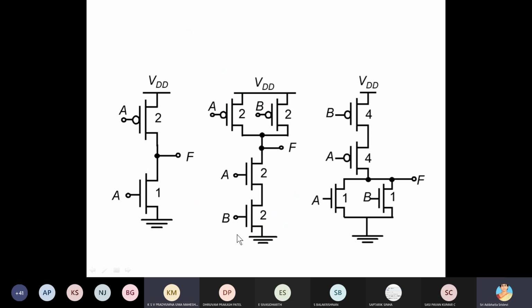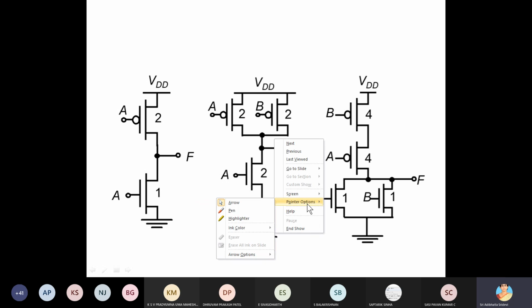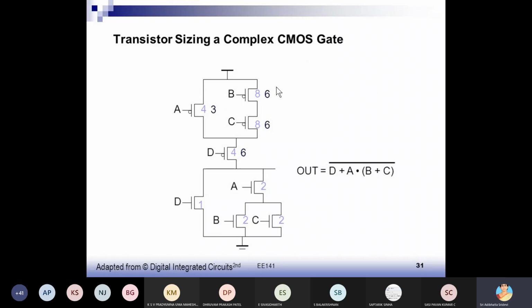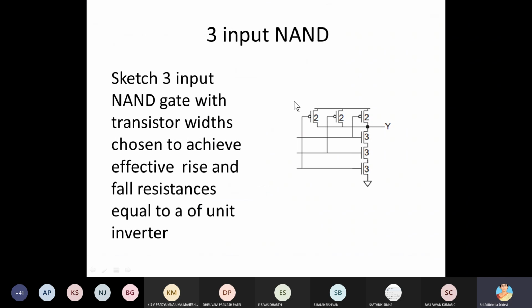Now you already know about sizing, right? You have done some problems also. Now let us say we have a 3-input NAND gate. See this circuit. This is the sizing for the 3-input NAND gate.